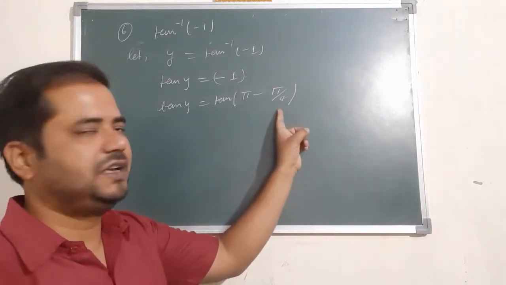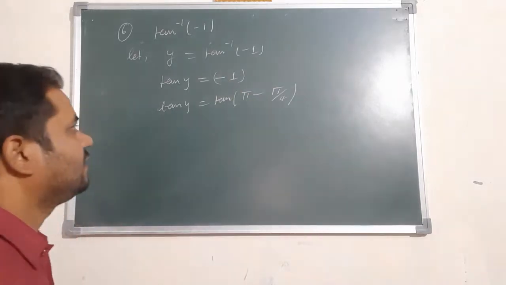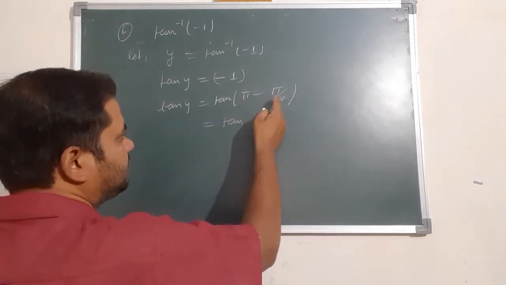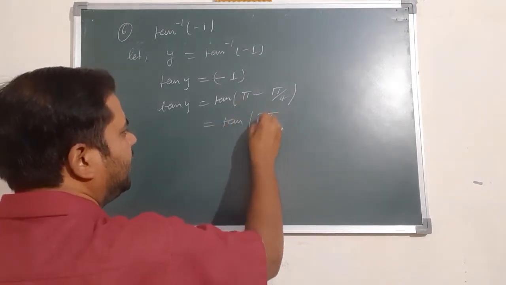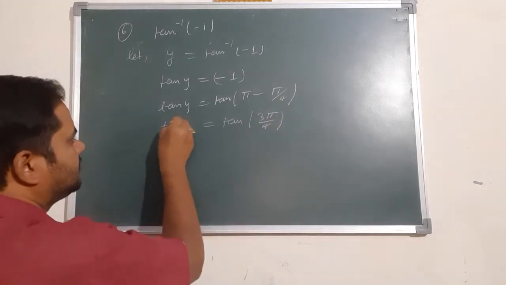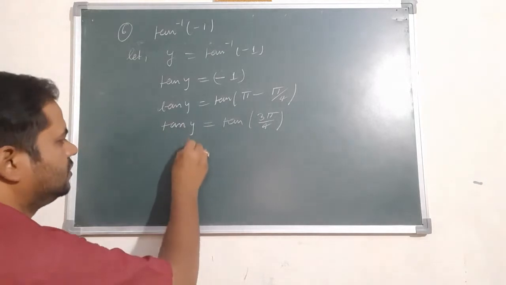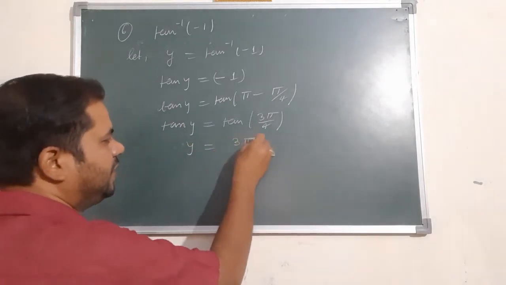So what we get here is tan of 3 pi by 4. So tan y is equal to tan 3 pi by 4, so y is equal to 3 pi by 4.